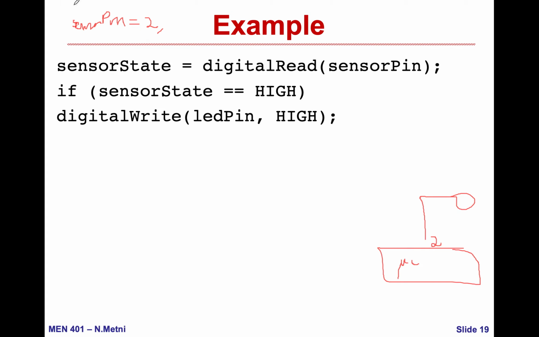Why do I put sensor pin equal to 2? To be used here. This is very nice in programming, in order to explain to the person reading your program what the 2 is. I can put 2 directly here, and this is called hard coding. But if I want to soft code, I will put sensor pin equal to 2.